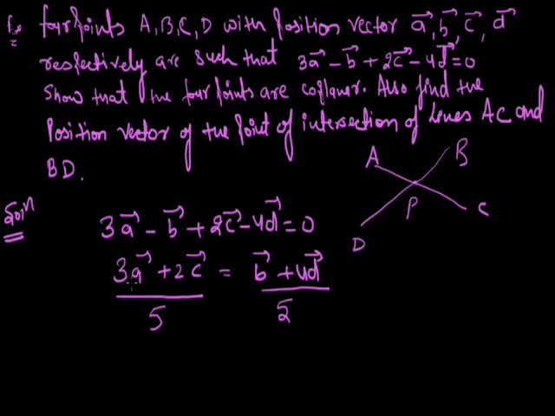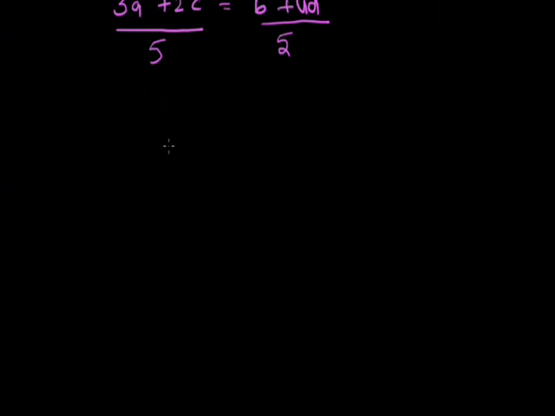We can compare this side with the section formula, and this side also by the section formula. So we get that point P divides AC in the ratio 3:2, and point P divides BD in the ratio 1:4.